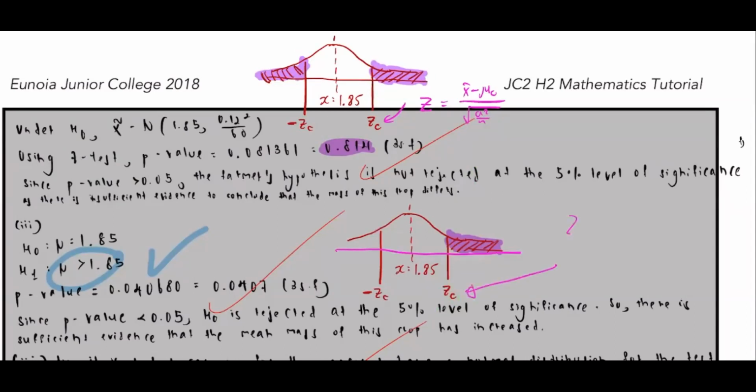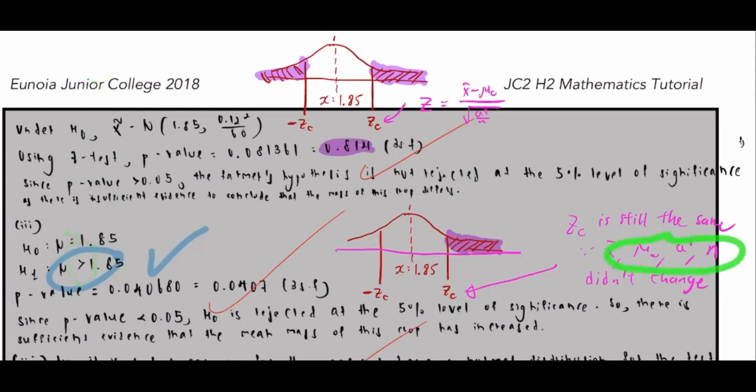Maybe I should mention ZC is still the same because x bar, mu naught, sigma square, and n didn't change when we changed the direction from not equal in the H naught to more than.